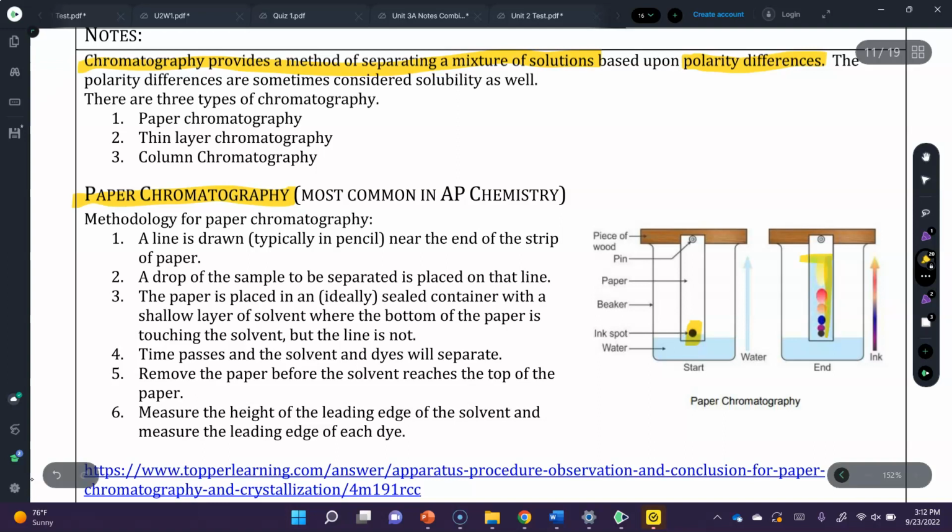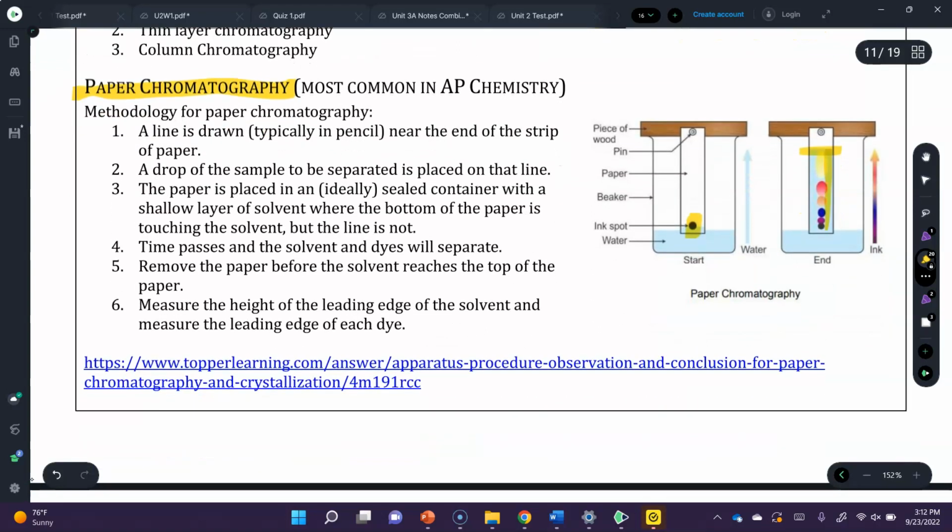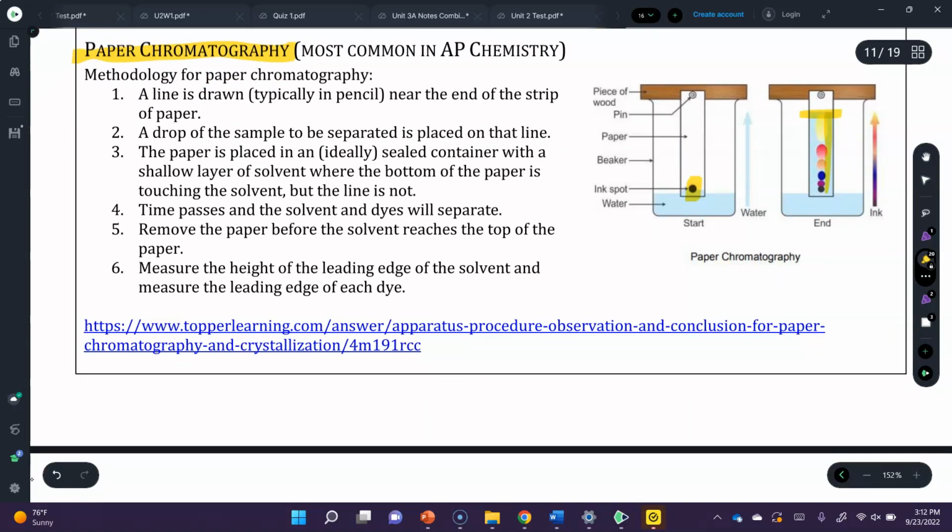And then you remove it before it reaches the top and mark the band at the top to indicate where it reached and how far it made it. You can then measure the heights and compare rate of flow and connect these to the polarity of the compounds in the mixture that you spotted for your sample.